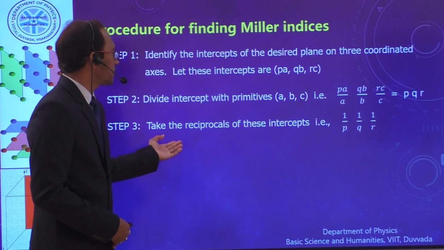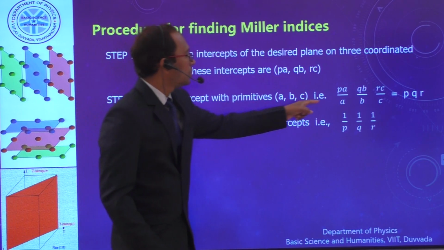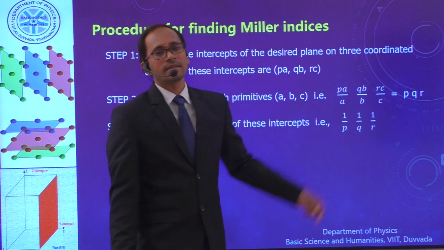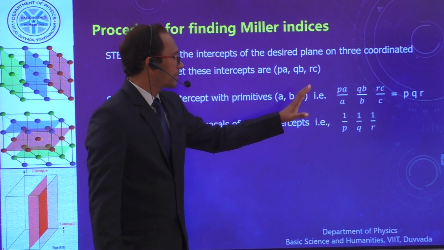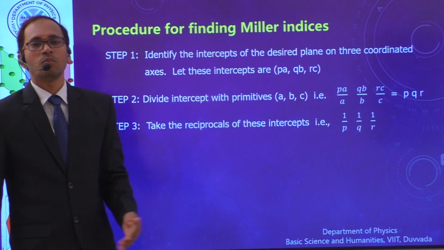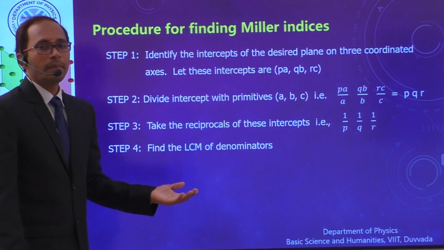Here an example is given. Say the intercepts are pa, qb, rc. Now in step 2, you divide pa by a, qb by b, rc by c, so that p, q, r come. Now in the third step you take reciprocals: 1 by p, 1 by q and 1 by r. And now you take the LCM.